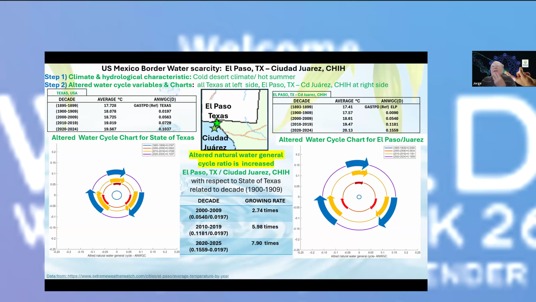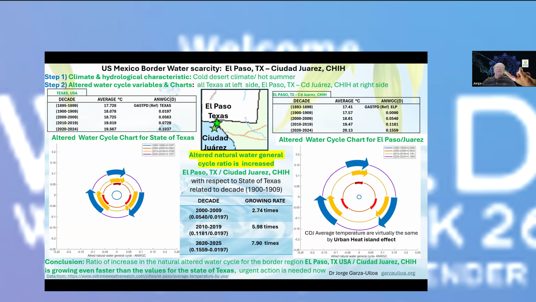On the Juarez side, it's almost the same, but we have an effect called the urban heat island effect because we have more population and more buildings. Then the conclusion: the rate of increase of the altered natural water cycle in the border region, right here in El Paso, Texas, and Ciudad Juarez, is growing even faster than the values for all of Texas. That means we need to act now.